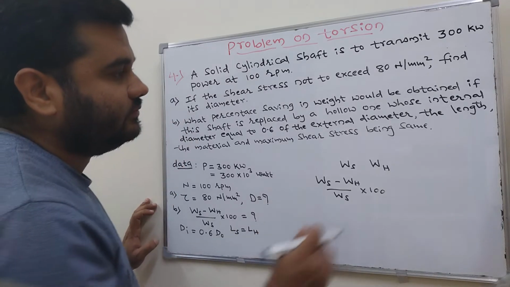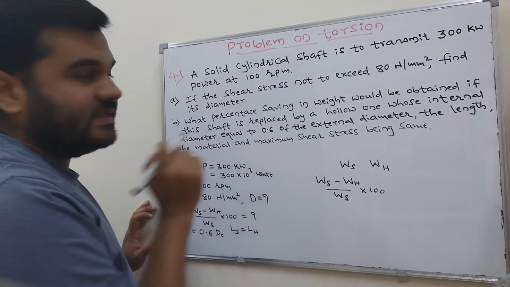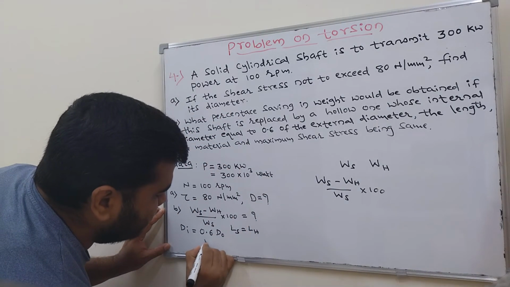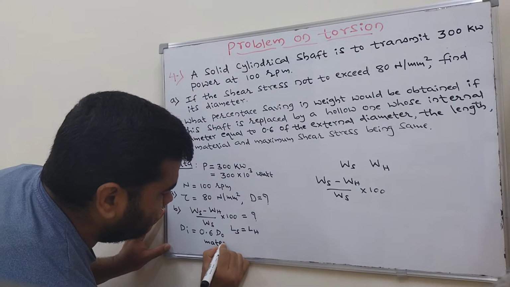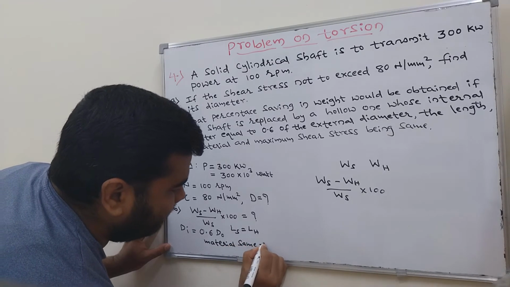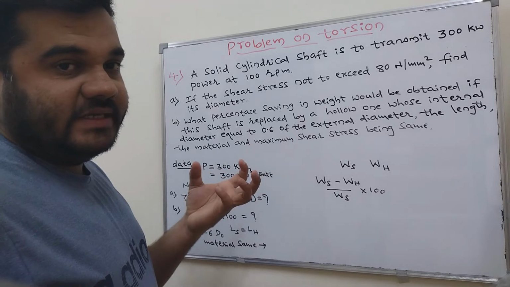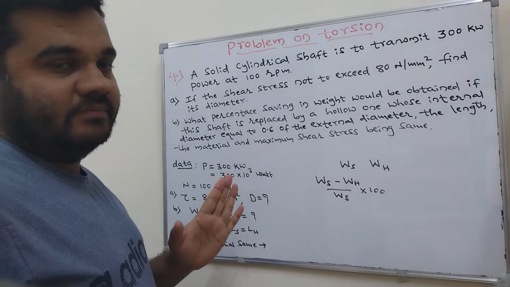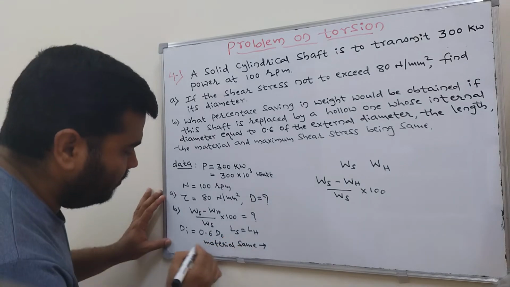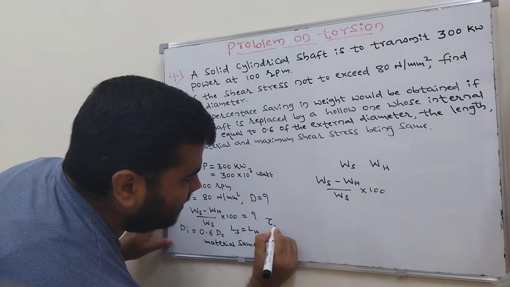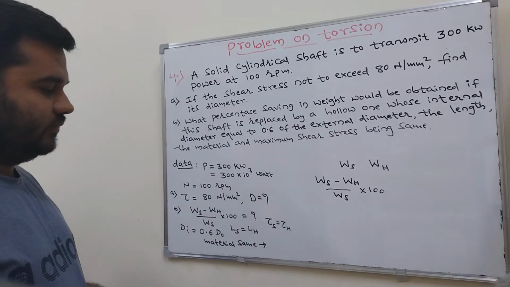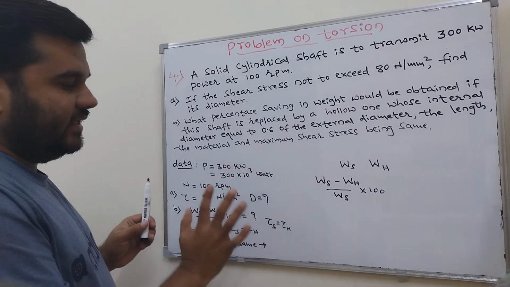Next, the material is the same for both cases, that is, the weight density is the same. Therefore, whatever the weight density of both, it will be the same. Next, the maximum shear stress being the same: shear stress of solid shaft equal to shear stress of hollow shaft. Okay, this is all the data given.